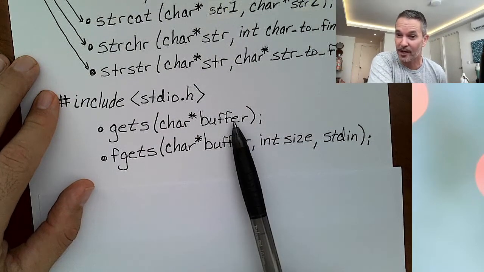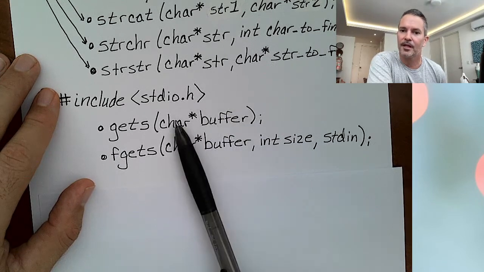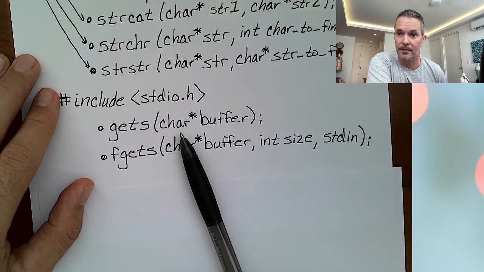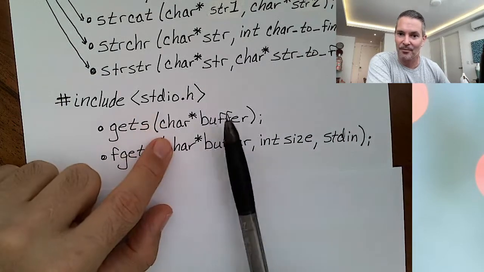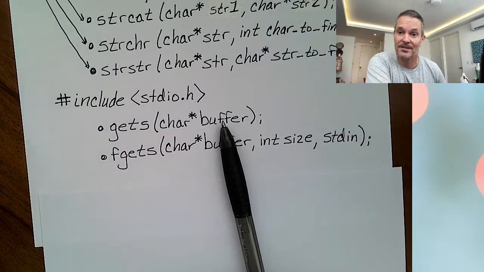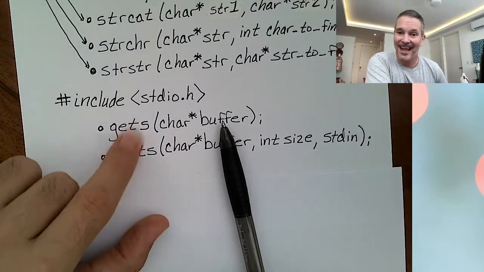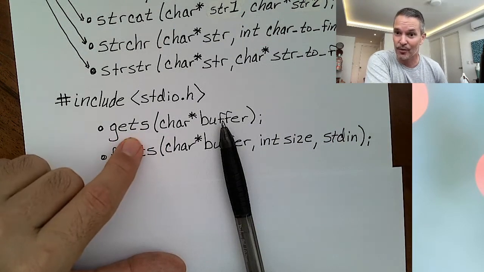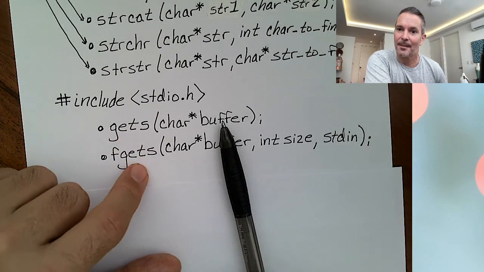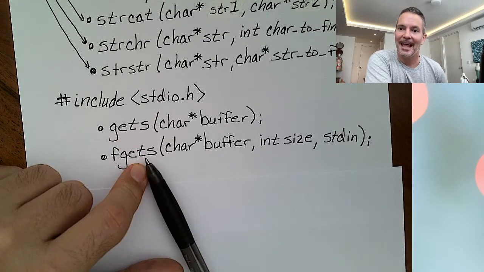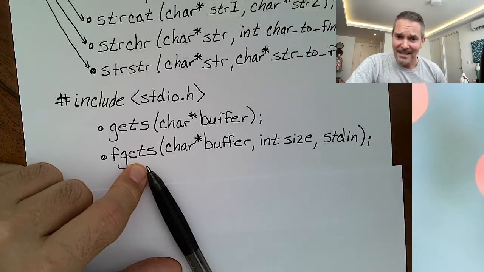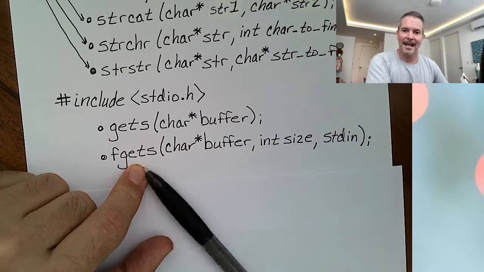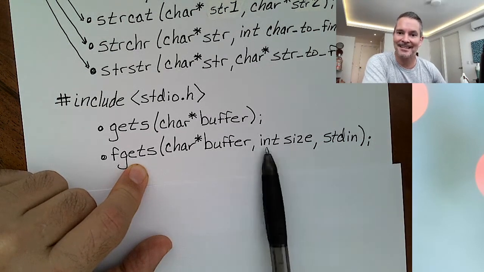I just called the array buffer. Now we have to be very careful, because nothing keeps the user from continuing to type millions of characters, and perhaps your buffer doesn't have millions of elements to store all of those. So if that happens, you're going to run into errors in your program. That's why there's a separate function called fgets. fgets is a different version of gets, and it allows us to pass in a size.